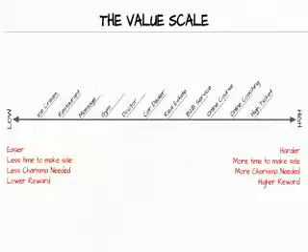Over here, it's a little bit harder to make the sale. Well, it's a lot harder all the way at the end here. It takes a lot more time to make the sale. There's more charisma needed. And of course, there's higher reward when you do make it.